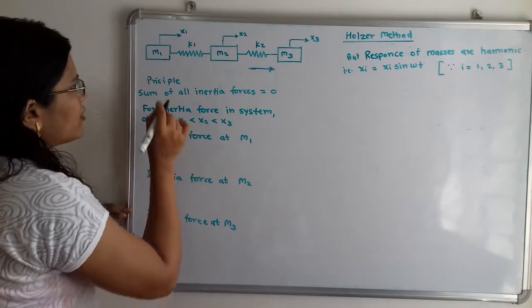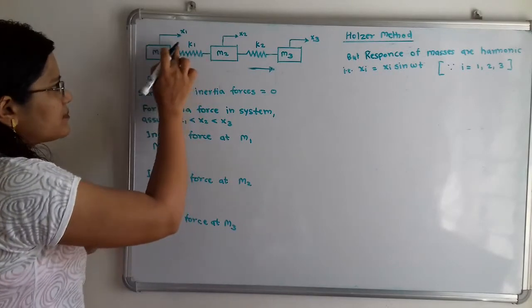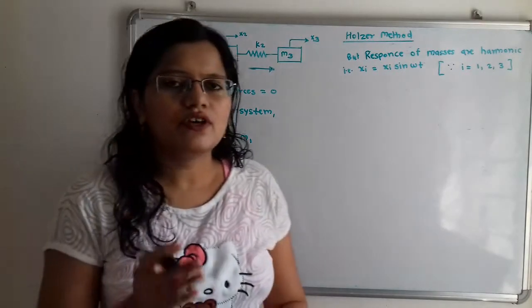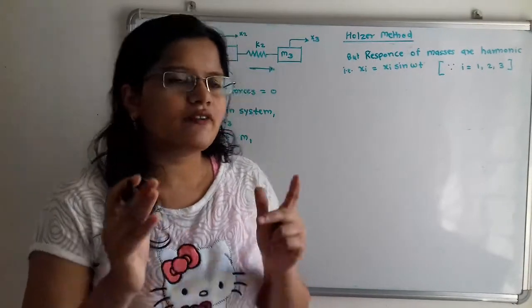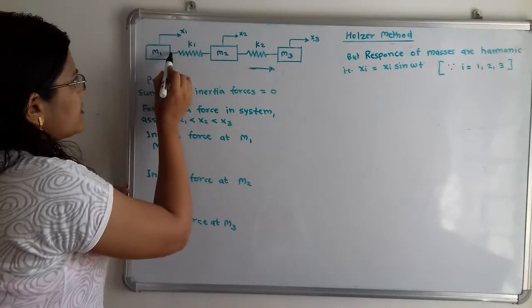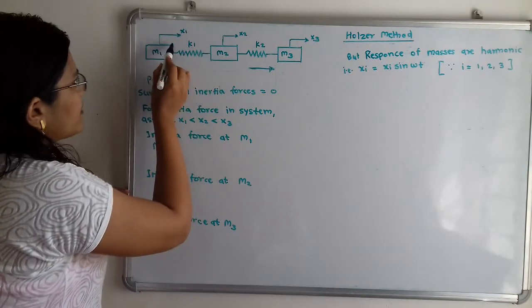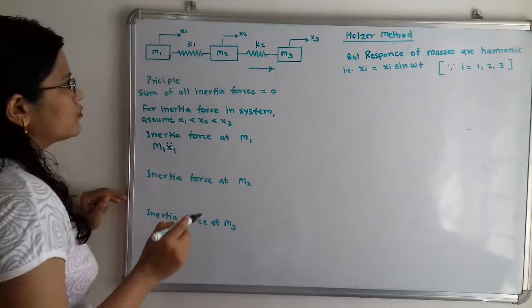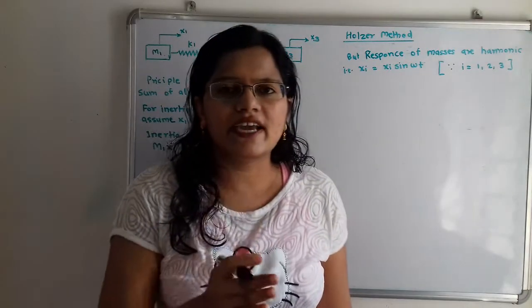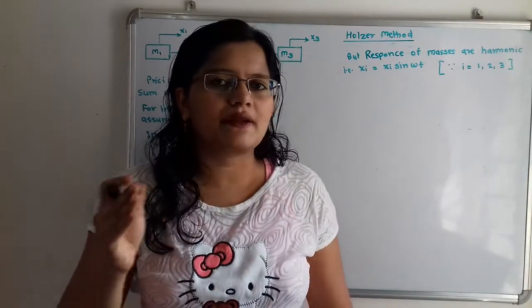So m1 x1 double dot. Now it is attached with the spring having stiffness K1. So what is the spring force? If we observe this spring, it is attached to mass M1 as well as mass M2, having displacements x1 and x2. So the spring force is spring stiffness K multiplied by x.